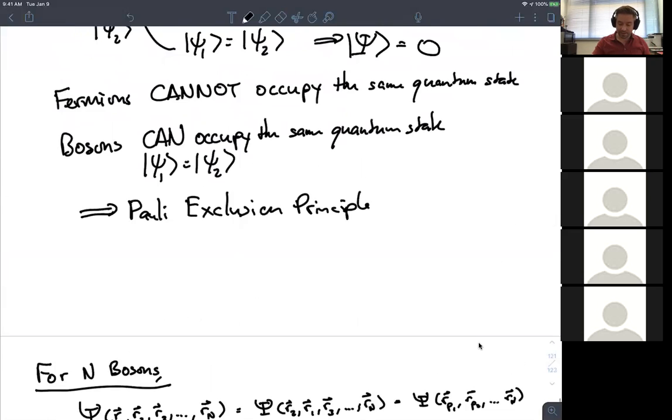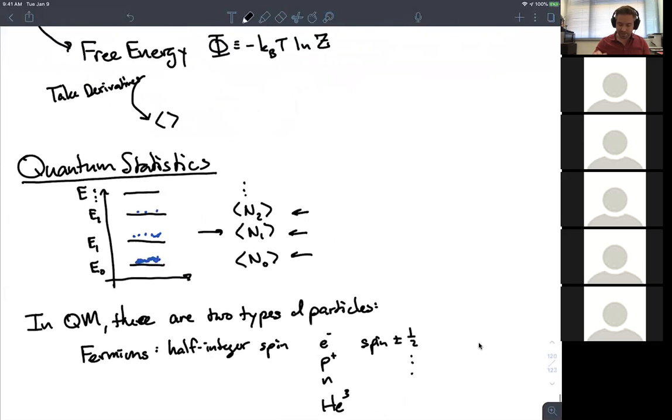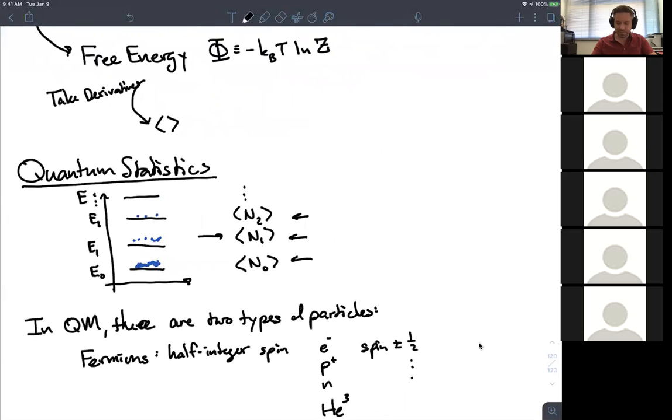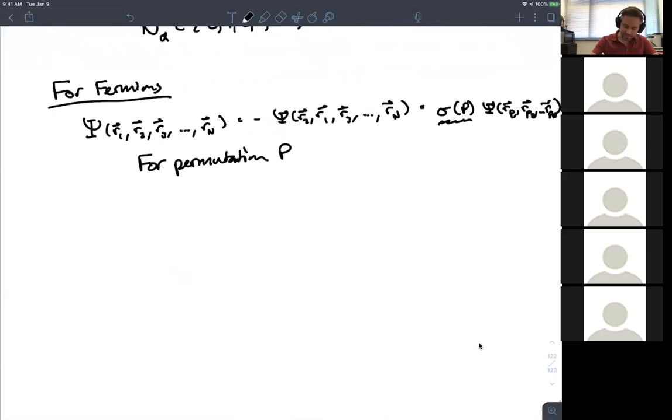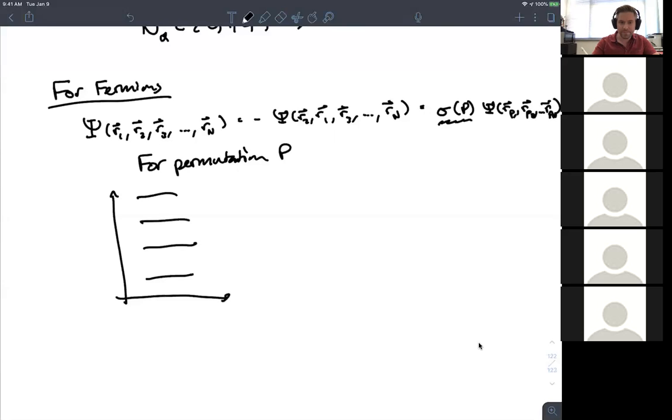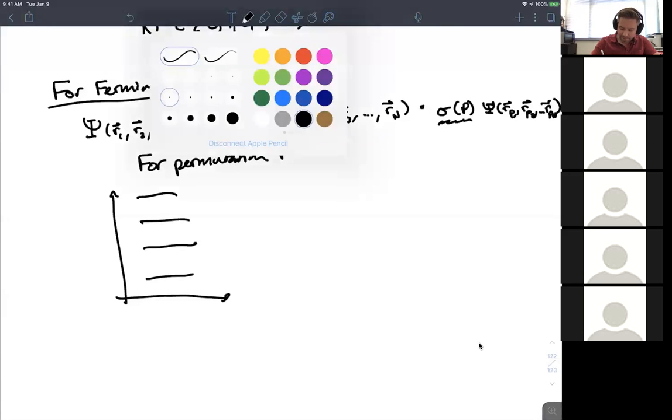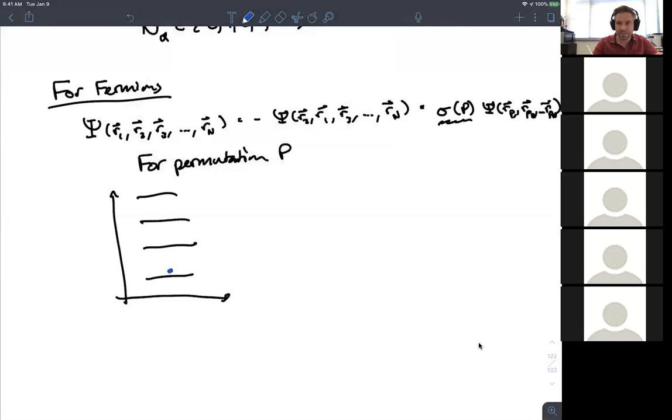Now, if we go back to our picture of a quantum state, let me draw it again here just to be super explicit. If I have discrete energy levels like so, and I plop a particle into one of these states, that's it. No more particles.